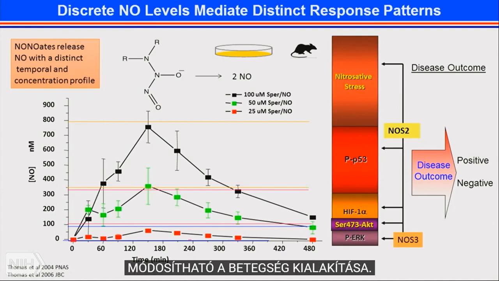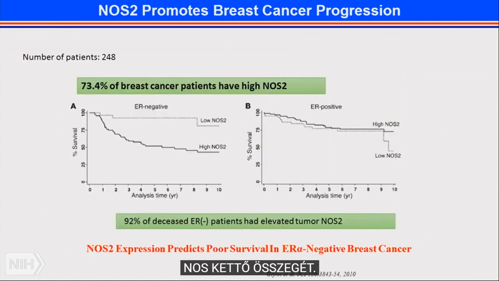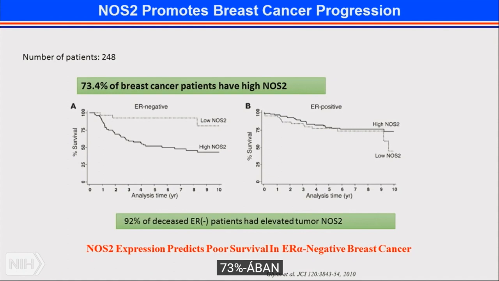So from a therapeutic point of view, there can be two approaches. We can either inhibit NOS2, or we can increase the amount of NO so that it leads to apoptosis. One of the previous postdocs in our lab, in collaboration with Stefan's group, showed in a patient cohort that 73% of breast cancer patients have high NOS2 expression.